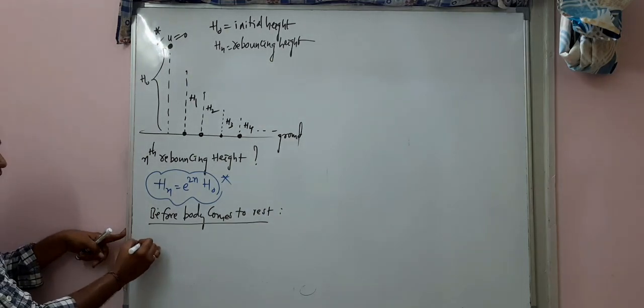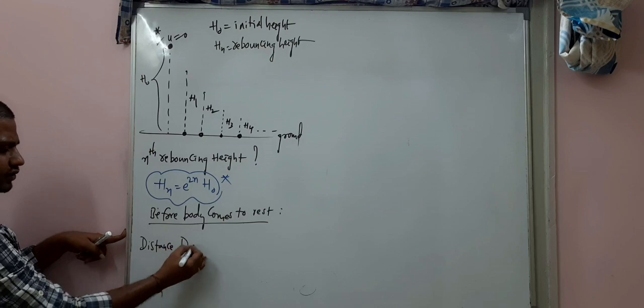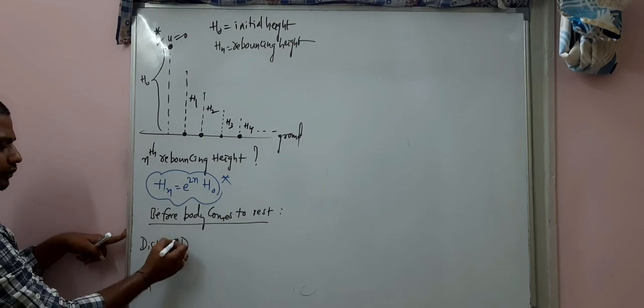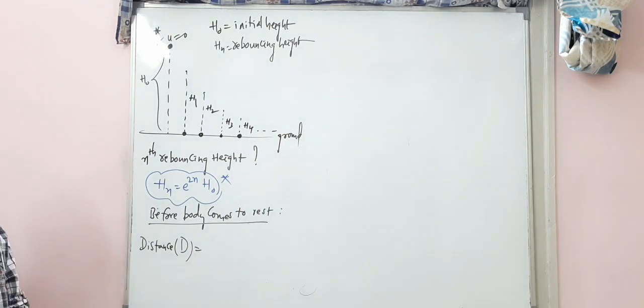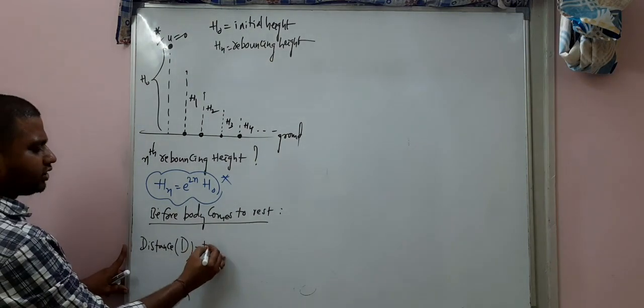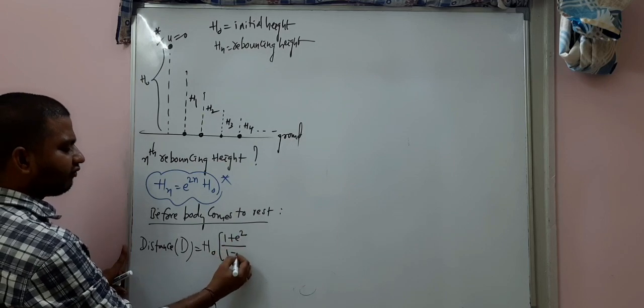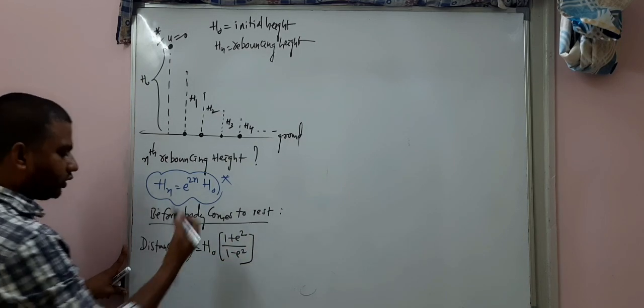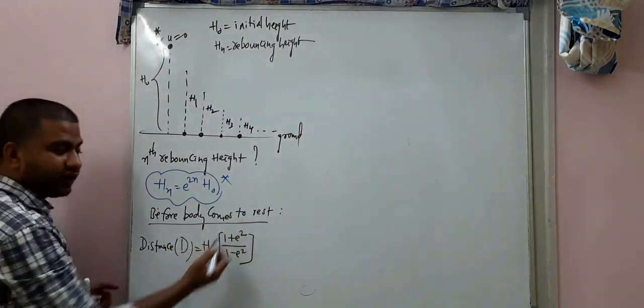Total distance traveled by the body, d, which is equal to, carefully note, d is equal to h naught into (1 plus e square) by (1 minus e square), is the total distance traveled before it comes to rest.